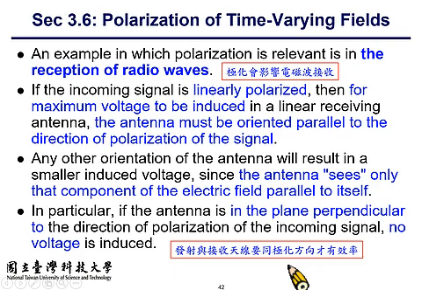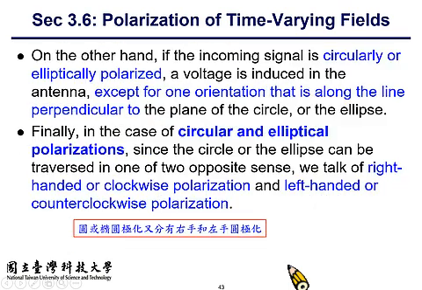All right? So this statement says that if the polarizations are the same, then it's more effective. Otherwise, if the polarization does not match, then you may get only some of the incoming energy. If the 2 polarizations are perpendicular, well, then you got nothing, right? And the same thing is applicable for circular polarization.